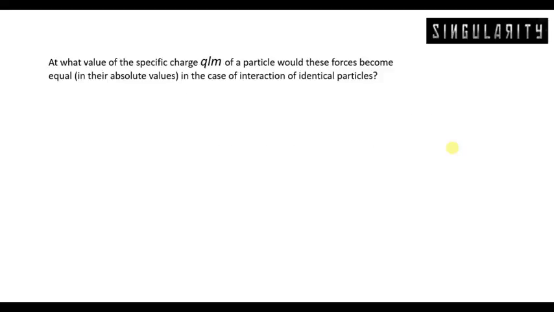Let's do the second part of the problem as I promised. At what value of the specific charge q by m of a particle would these forces become equal in their absolute values in the case of interaction of identical particles? The problem demands that you just equate the two expressions for both forces. So that's what I've done. Now put in the expressions of the formulas.